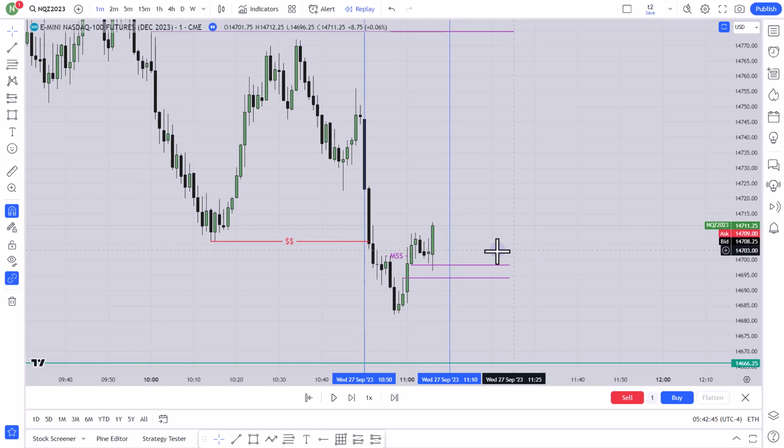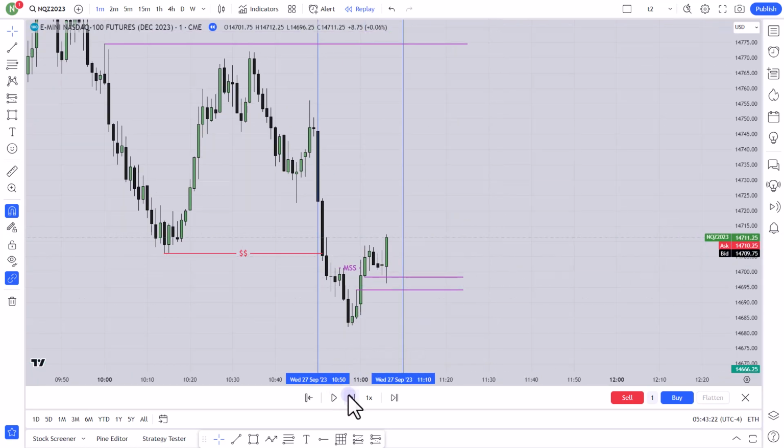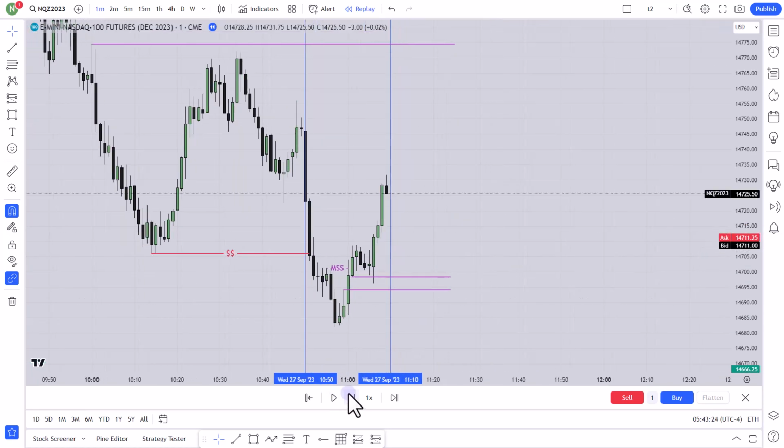Although there is no swing high here, if you see closely, this swing high didn't trade any fair value gap, and there is no swing low, I mean no swing high lower than this swing high on both of its sides. That means it didn't meet any of the rules for being an eligible market structure shift swing high. Then it gave me a very nice run, and then it went higher.